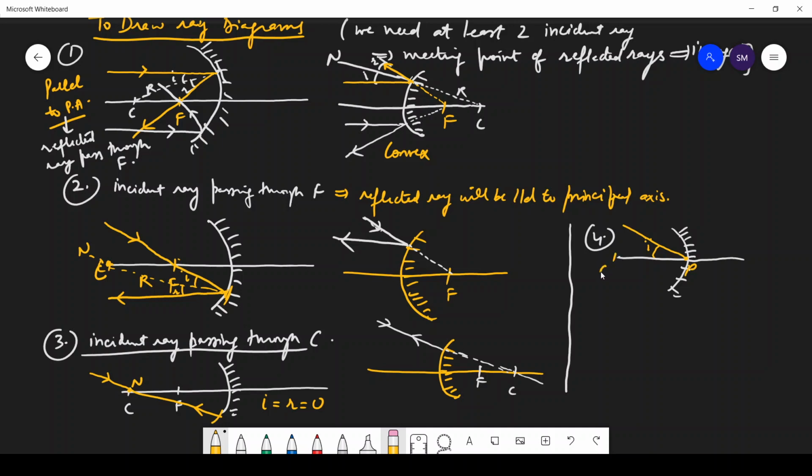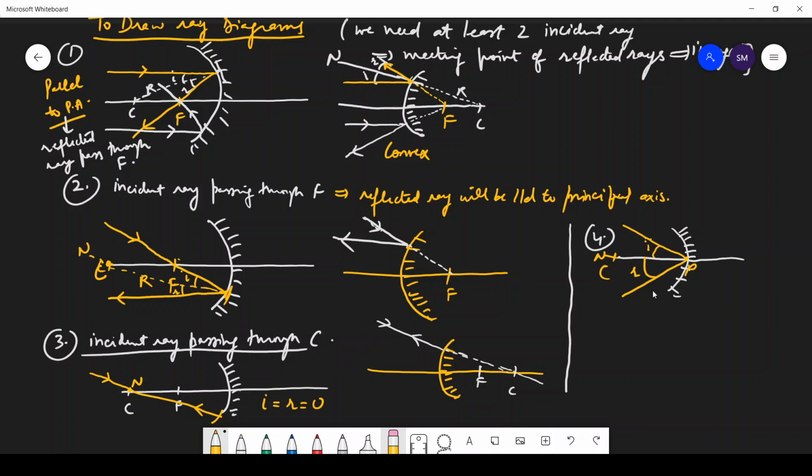Here you will have the center of curvature, so this will act as your normal. Normal is the line that is joining the center of curvature with the point where the incident ray is touching. So this is your normal in this case, and the angle of incidence is equal to the angle of reflection. Quite simple, right?